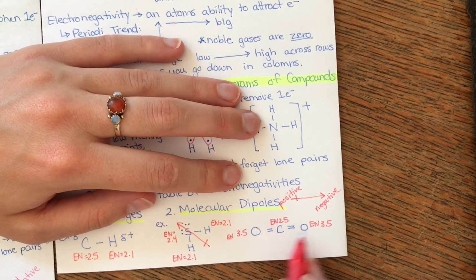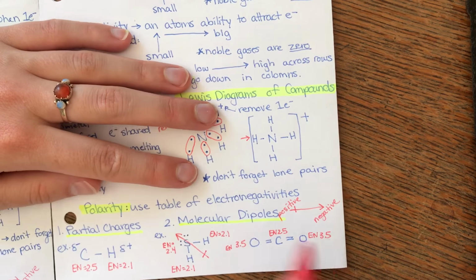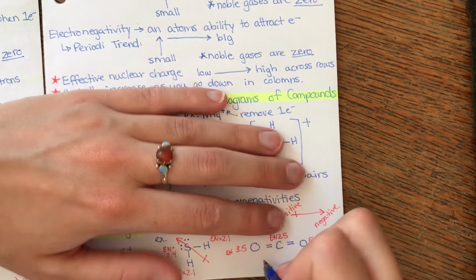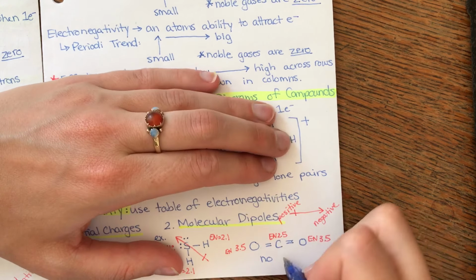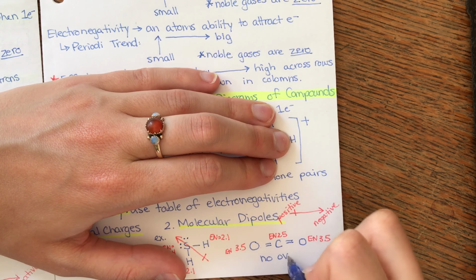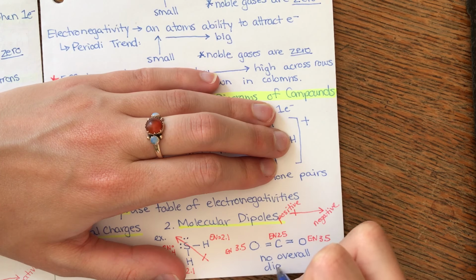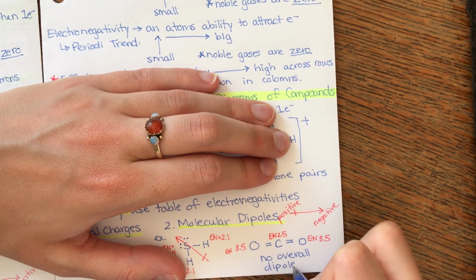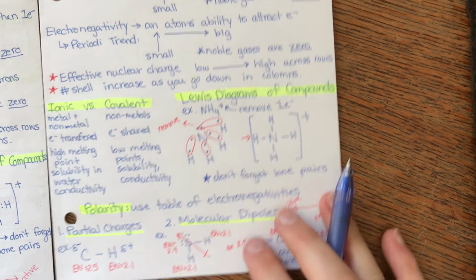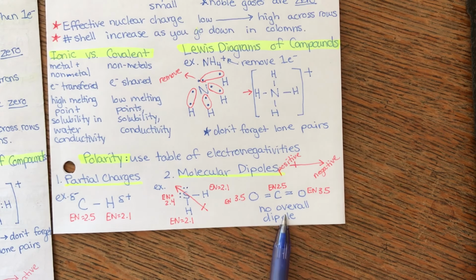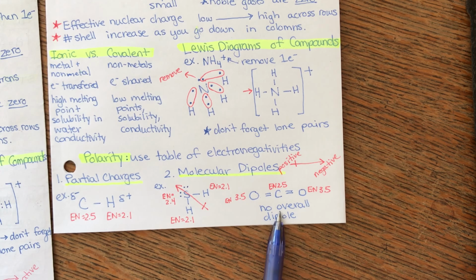But because they're both pulling out in equal and opposite directions, there would be no overall dipole in this molecule. If on the exam there's one that has no dipole, don't just leave it blank. You won't get it right. You need to actually write something saying that you know that there is no overall dipole.